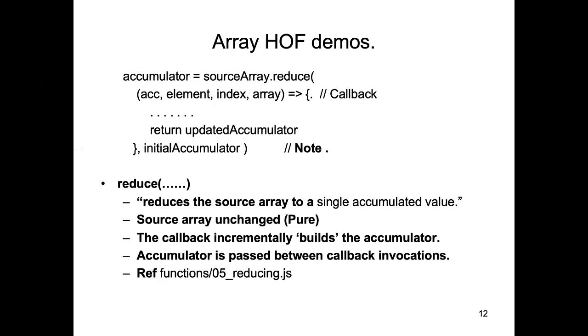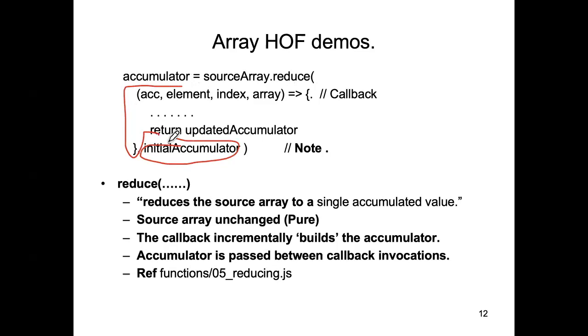And we pass a callback as before to the reduce, but we also pass it a second argument, which is the initial value for the accumulator.